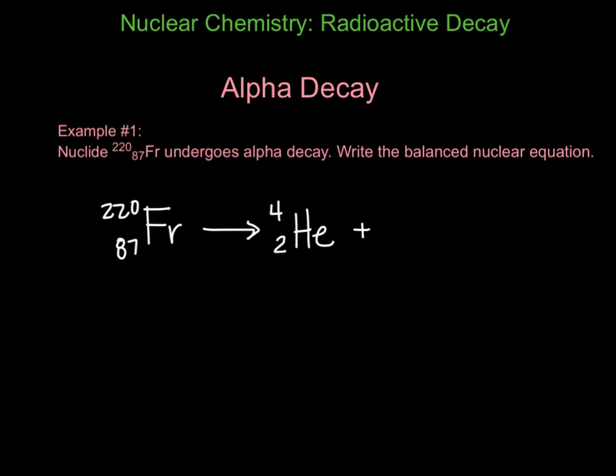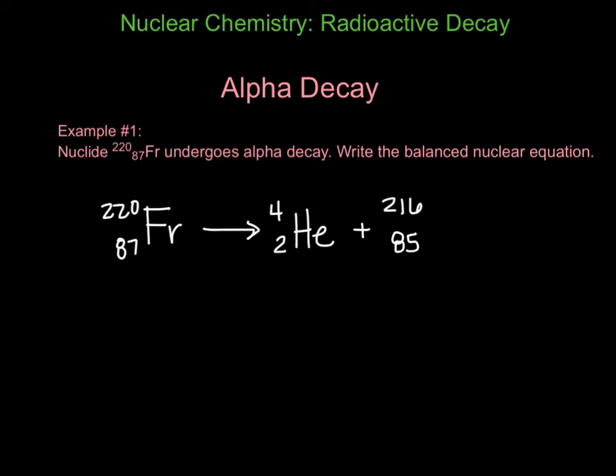So 220 minus 4 is 216. And the same principle applies to my atomic number. So 87 minus 2 is 85. So I know I have something with an atomic mass of 216 and an atomic number of 85.